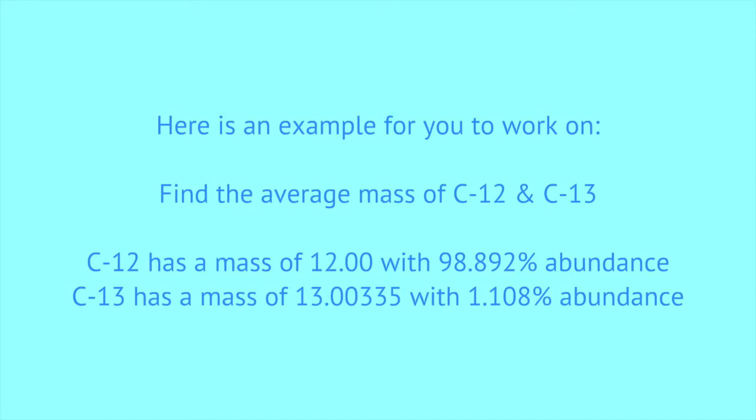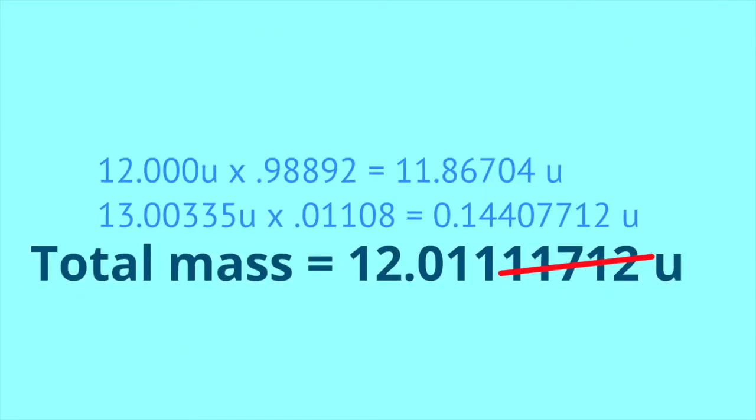So how'd you do? Using the formula from before, we know that the mass for C12 is 12 atomic units. And we know the percentage is 98.892%.